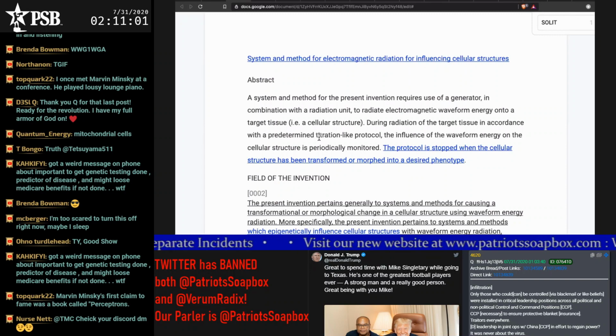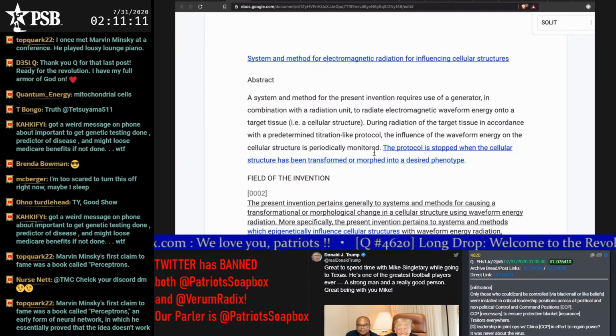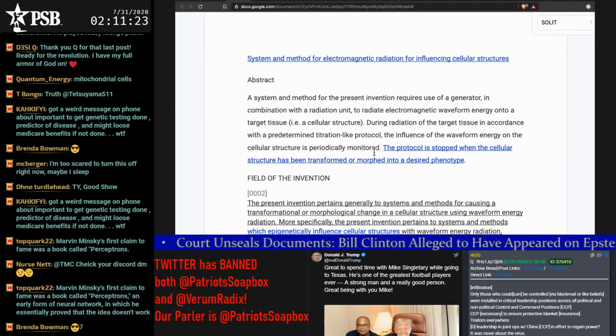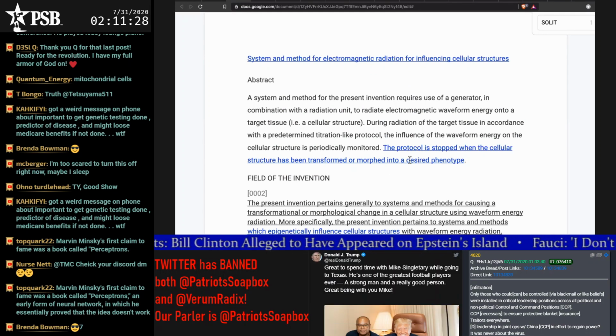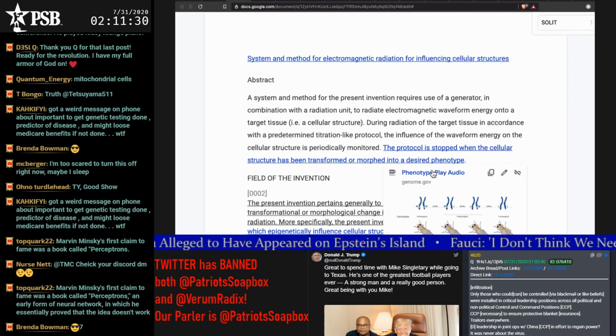During the radiation of the target tissue, in accordance with the predetermined titration-like protocol, which we'll get into in a minute, the influence of the waveform energy on the cell structure is periodically monitored. So this is real-time monitoring when they emit electromagnetic radiation onto your body, into your body, targeting cells or cell structures. They're able to monitor that. The protocol is stopped when the cellular structure has been transformed or morphed into a desired phenotype.